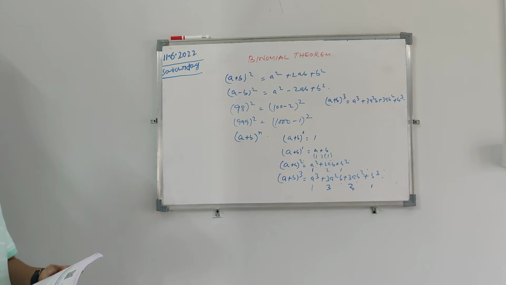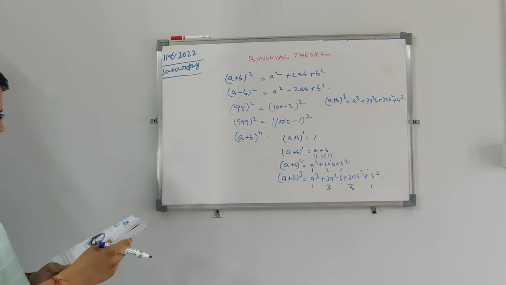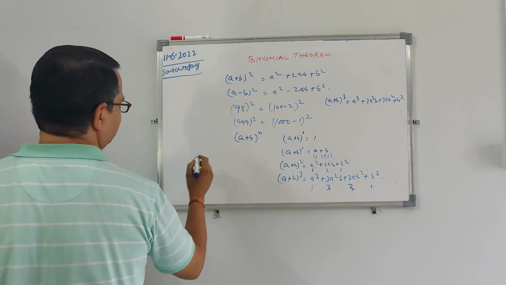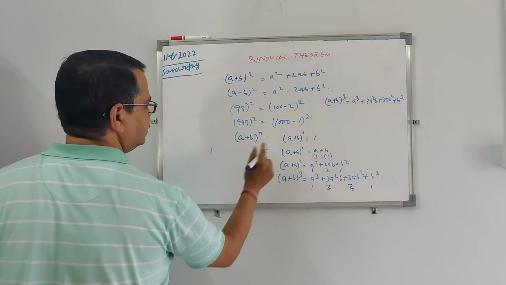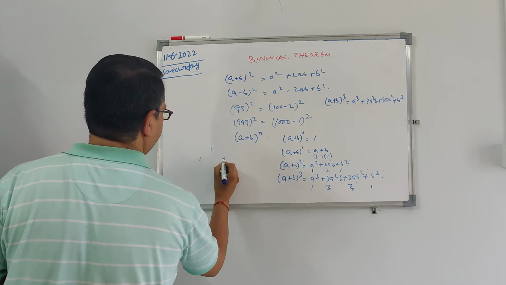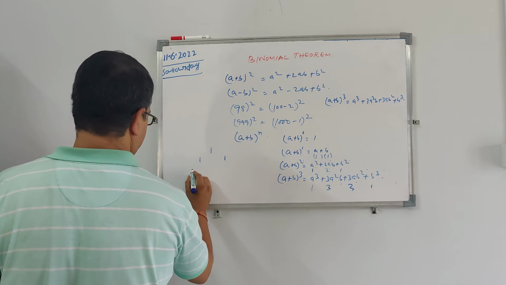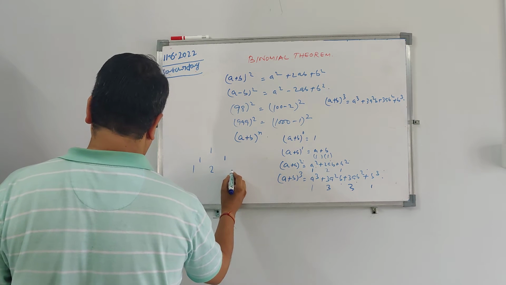We now arrange the coefficients in this manner. For (a plus b) to the power 0, you can arrange the coefficients so that they form a triangle called Pascal's triangle. So this is 1, 1. Then 1, 2 and 1. Then 1, 3, 3 and 1.